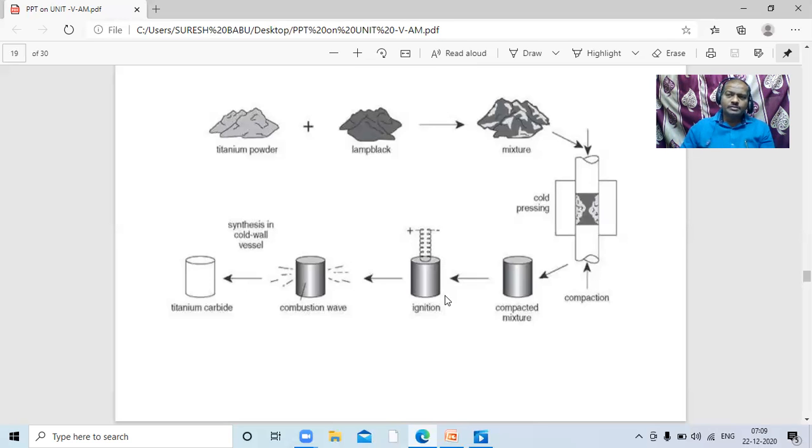Basically, for tools, carbide tools will be there. If titanium carbide tools are there, high strength, high hardness, and high resistance to temperature as well as impact loads will be there.